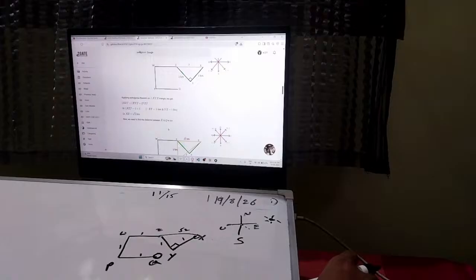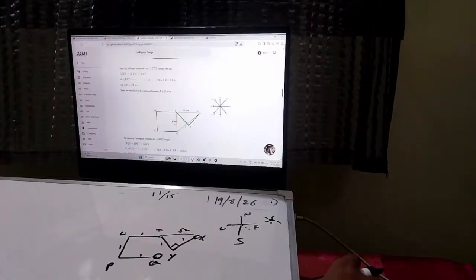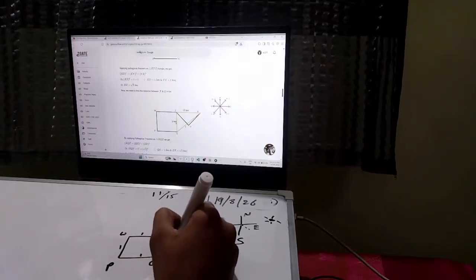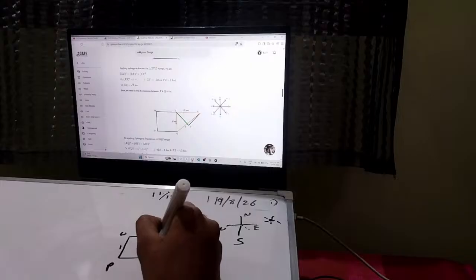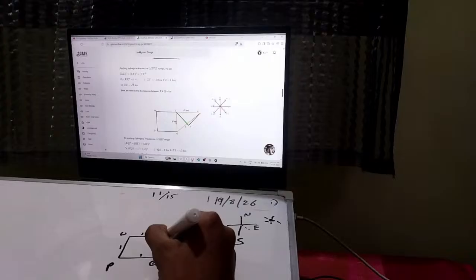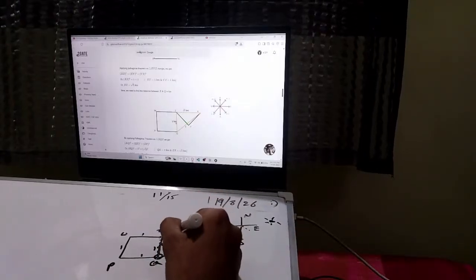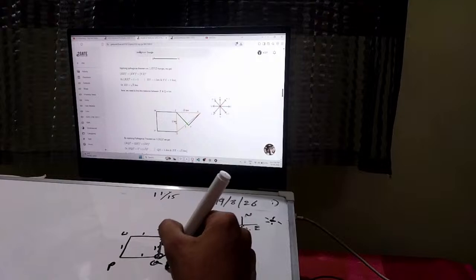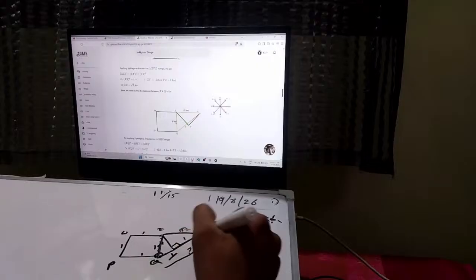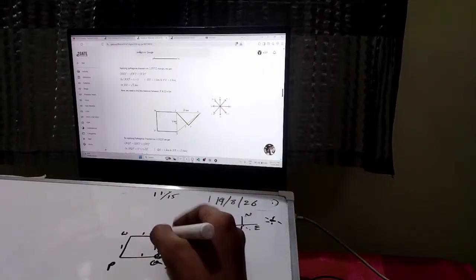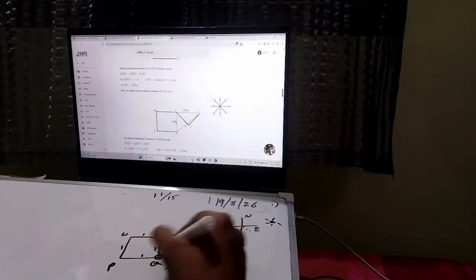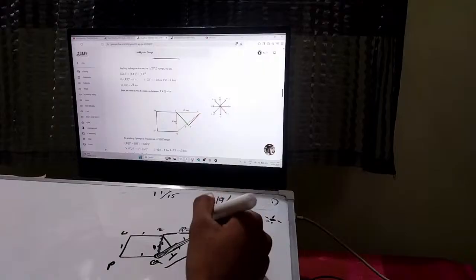Now we need to find the distance between X and Q. If we form this triangle, this side is definitely 1, and this is root 2, and you have to find this distance.